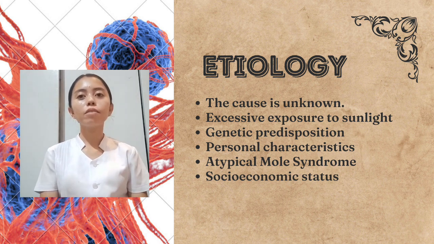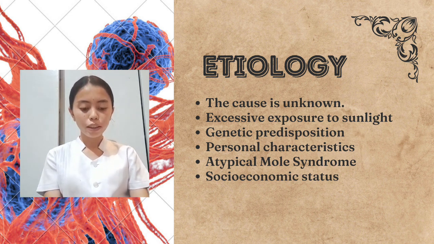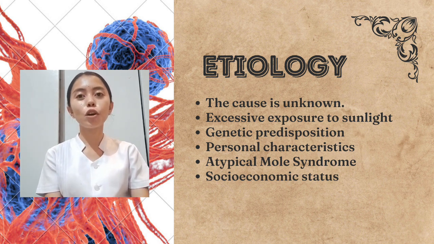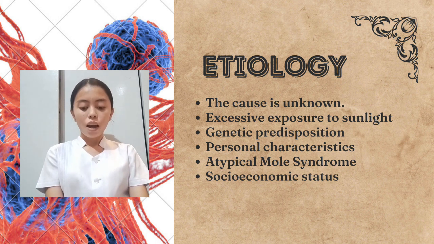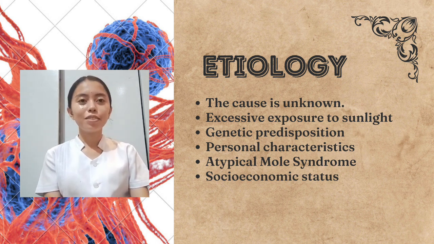Okay, so one related factor is also the personal characteristics, and then atypical mole syndrome, formerly termed as BK mole syndrome or dysplastic nevus syndrome, or familial atypical multiple mole melanoma. And lastly is the socio-economic status. So, lower socioeconomic status may be linked to a more advanced disease at the time of detection.